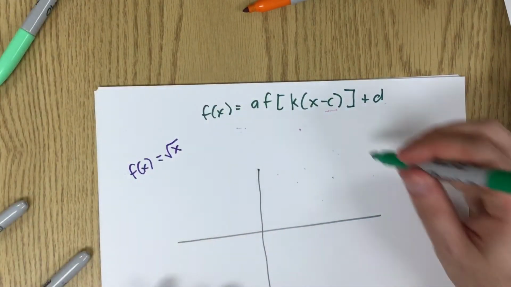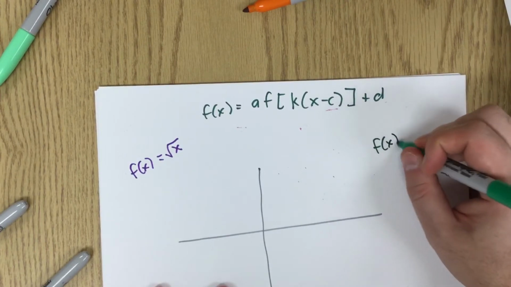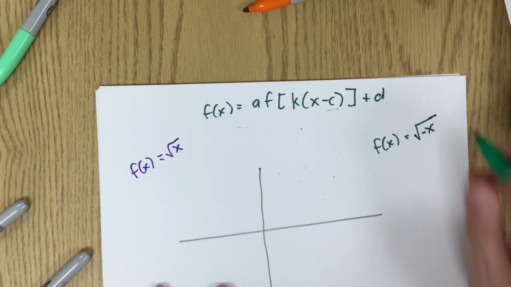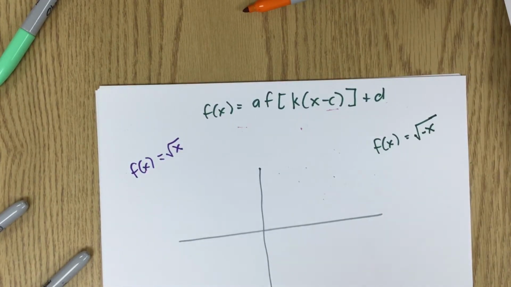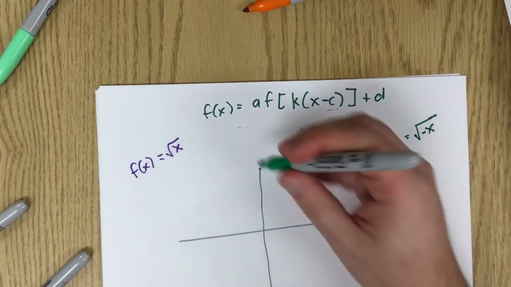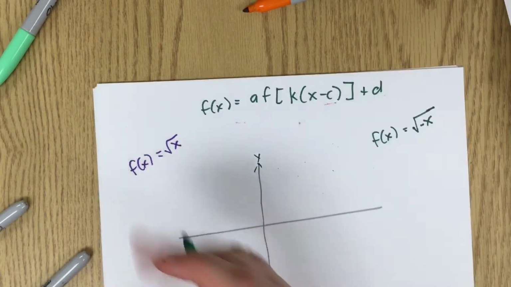And then what we're going to do with it, we're going to have a root of negative x. And what a root of negative x does, possibly predictably, so the negative is, again, a reflection, but this time it's going to be a reflection over the y-axis. It's going to reflect over this way.